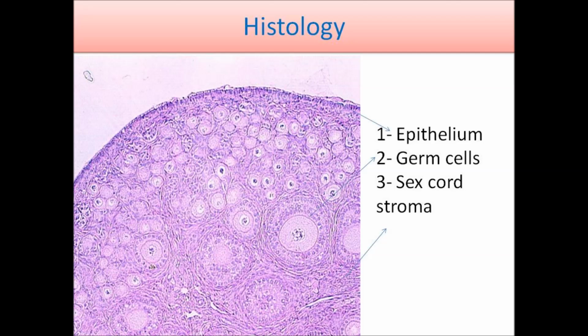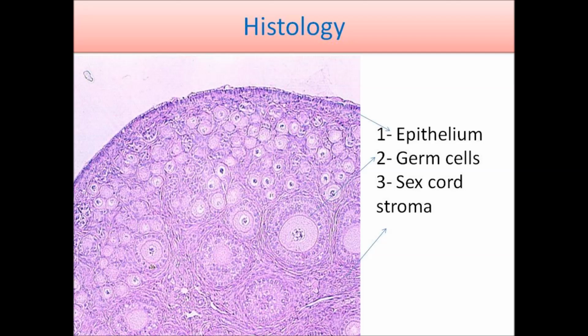The most superficial part is the surface epithelium, and deep to it we have the germ cells, the cells that will form the female gametes, the ova, and between these ova we have the sex cord stroma, which forms the supportive part for the ova, which includes the granulosa cells, the theca cells, and fibroblasts.